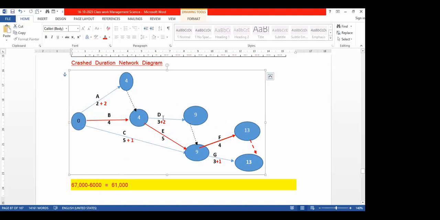O, A, D, G also become a critical path now. So after making adjustments, A, D, and G also become a critical path. Okay, right.